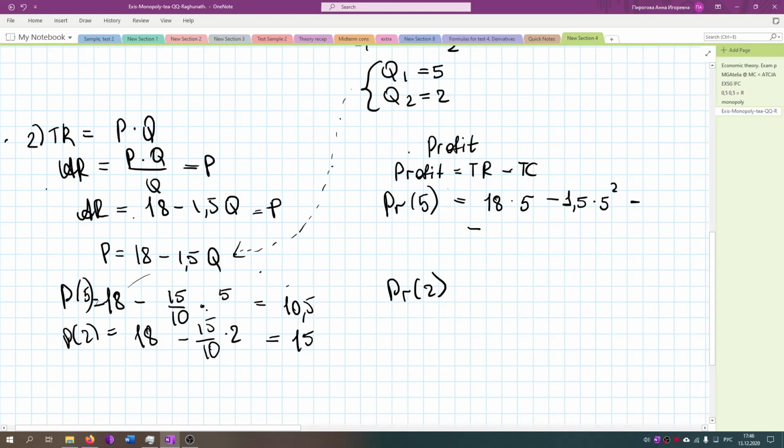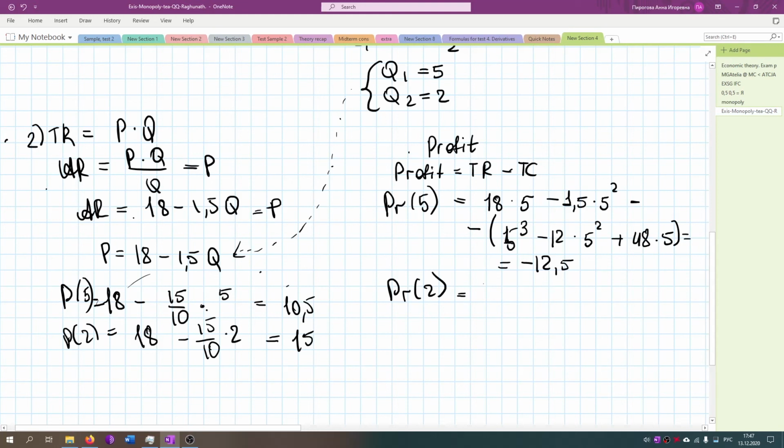Total cost will be q in the third power, so 5 in the third power minus 12 multiplied by quantity in the second power, so 5 in the second power plus 48 multiplied by 5, and finally we will get minus 12.5.